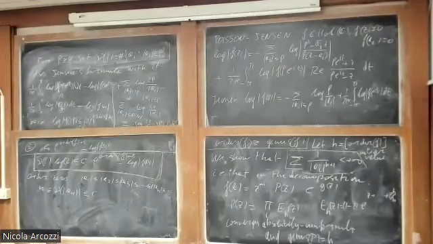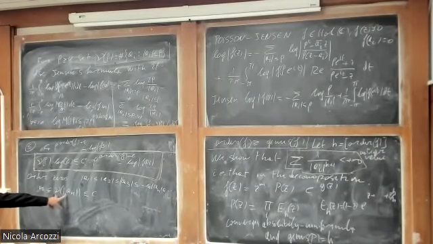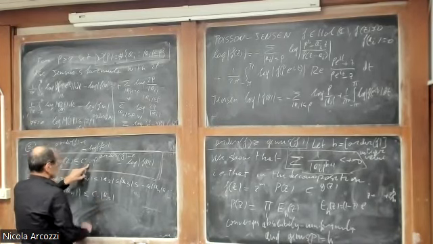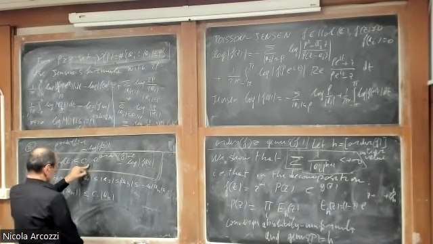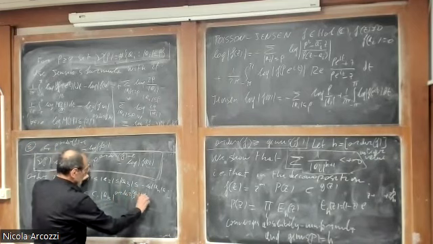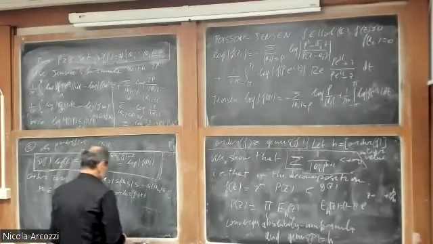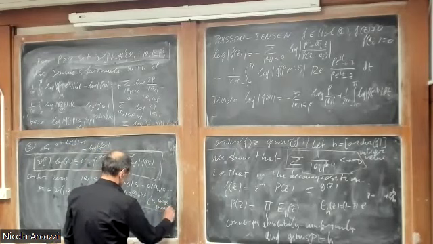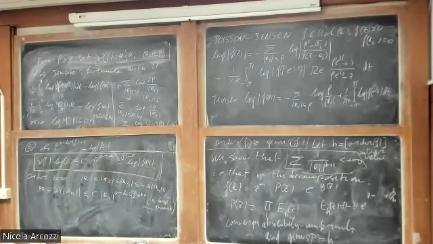A constant times a_n to the order of f plus epsilon, for n large enough.